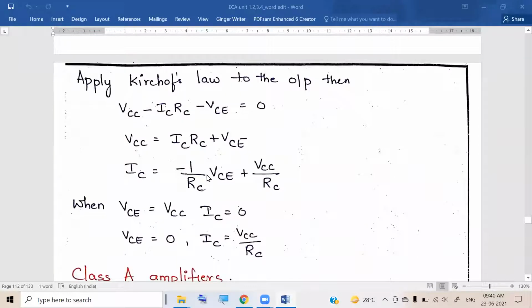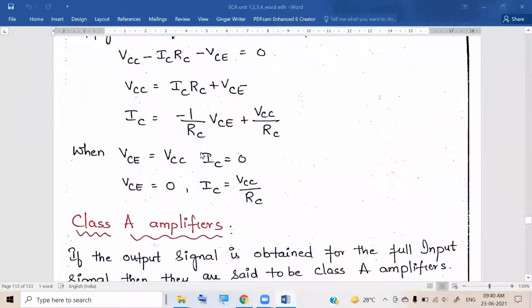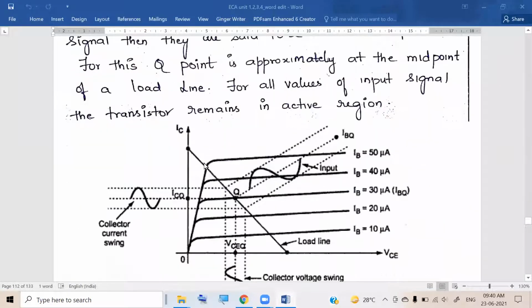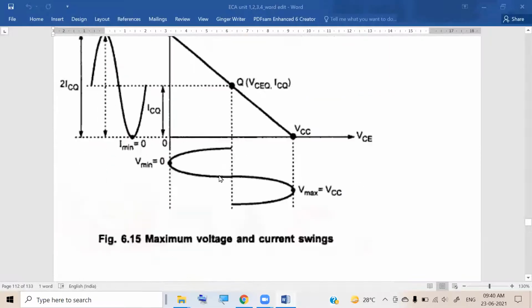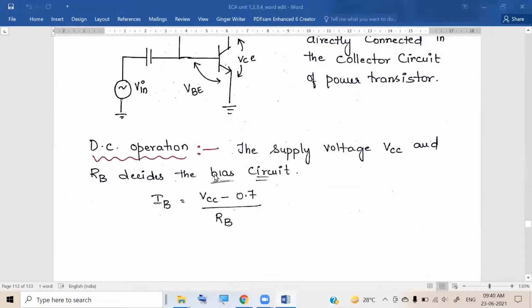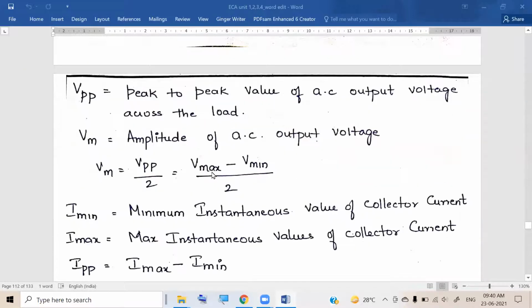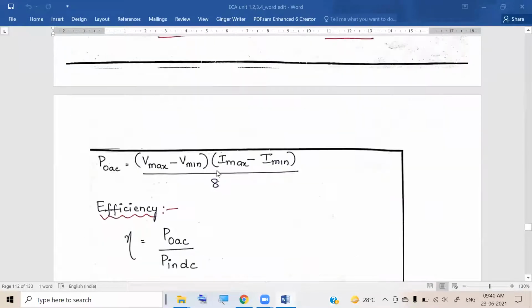There we have resistance RL dash. So the slope we will have is -1 by RL dash. What I am trying to say is, we will have a similar slope like this, and the slope will be -1 by RL dash. That is sufficient for us to plot the AC load line.